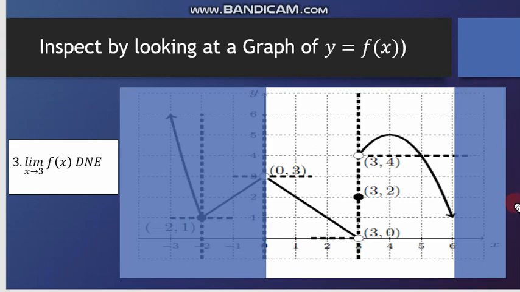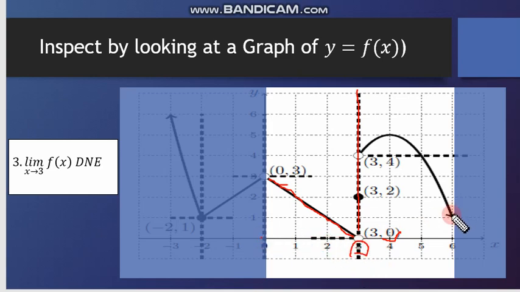Number 3, the limit of f of x as x approaches 3. So at x is equal to 3, we will trace our graph here at the left side. And by the way, we will separate our graph into left side and right side. Here at the left side, as we trace our graph approaching x is equal to 3, our y is equal to 0.